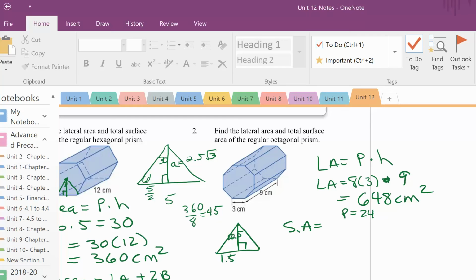To find the apothem, we have opposite over adjacent, so we can do tangent of 22.5 equals 1.5 over A. We can multiply, so we get A tangent 22.5 equals 1.5, and then divide.